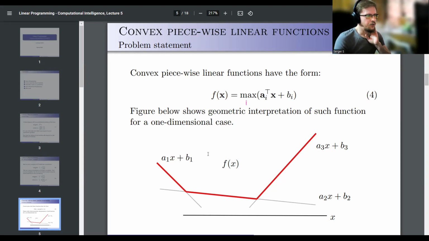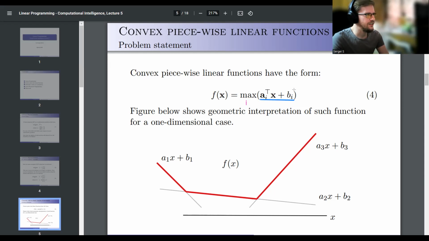So how does it look? Well, here is the example below. Let me illustrate how we can think about it. First, there are three functions that are given here, those a_i x plus b_i.